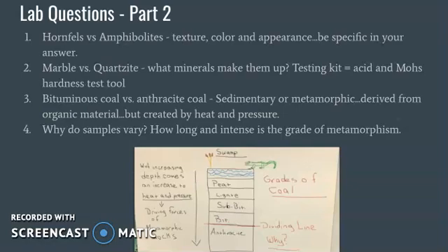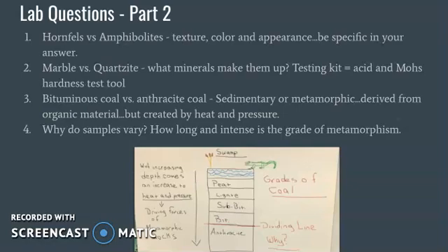Next, you'll have to understand bituminous coal and anthracite coal and their differences. You have to remember that these two can sometimes be considered sedimentary and sometimes be considered metamorphic. And you'll have to try to understand why you personally would decide if they're sedimentary or metamorphic.